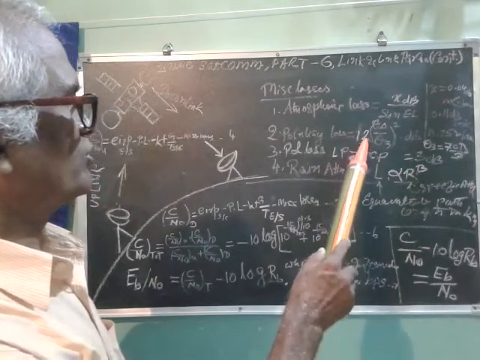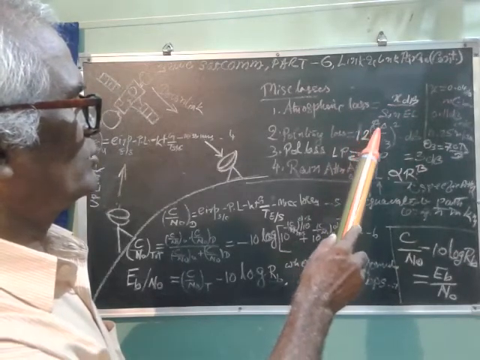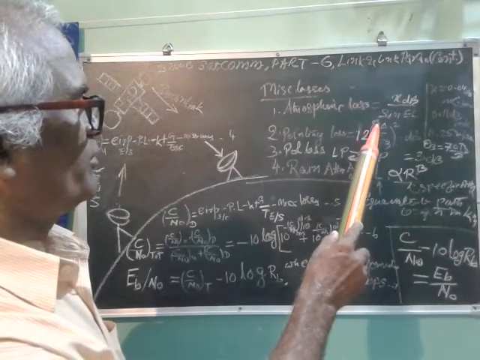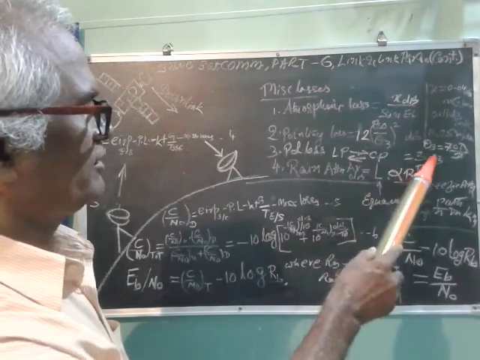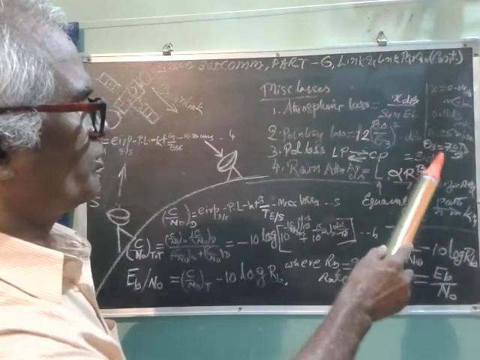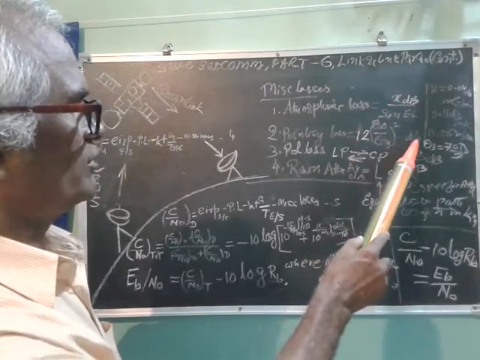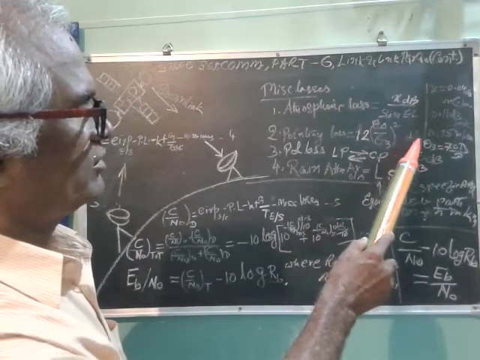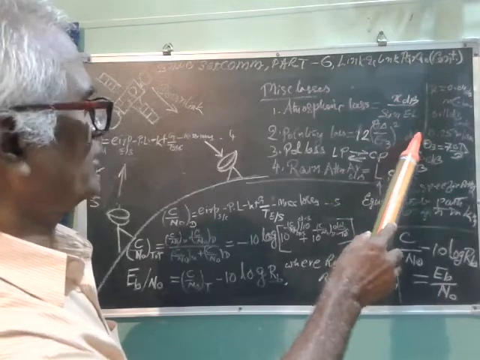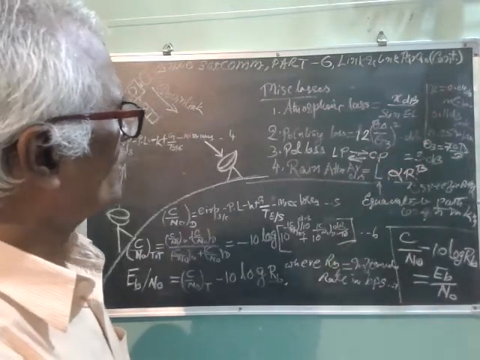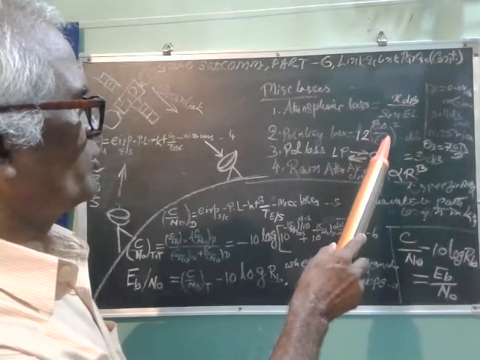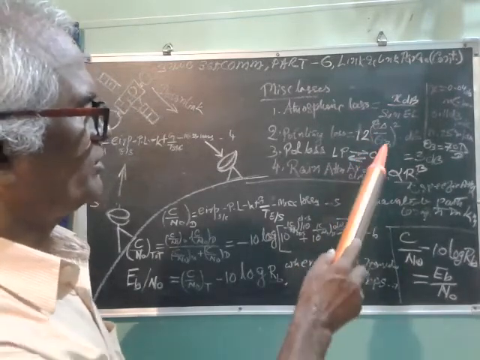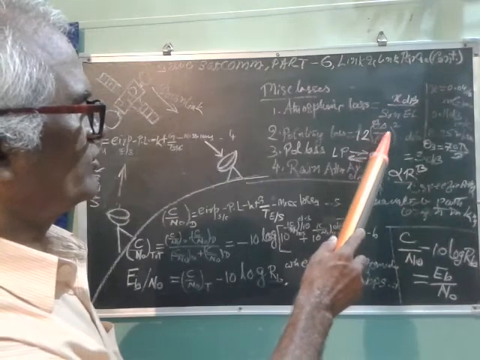Then the loss will be 12 times the offset from the main beam divided by theta 3 dB, the half power beam width, squared, and it will be calculated in dB. When the antenna size is larger and the beam width is smaller and smaller, this figure will increase.